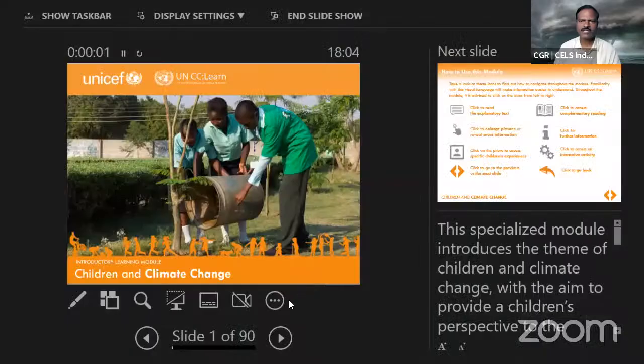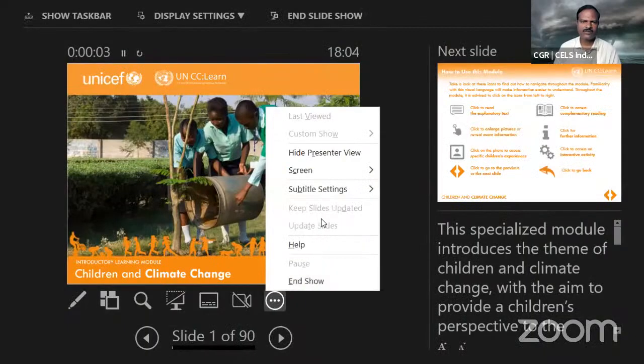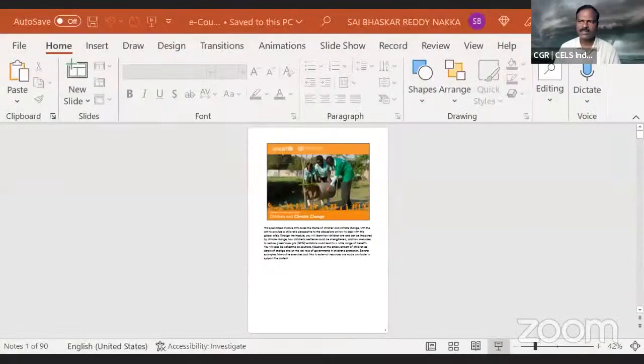So I'm opening the screen. Are you able to see the presenter view? Let me check again, because it is on the other screen. Screen is not appearing, sir. Yeah, I'm just checking this. Are you able to see the presenter?